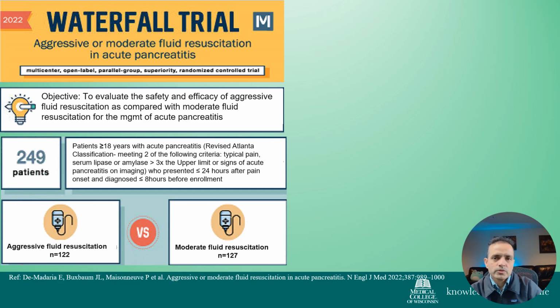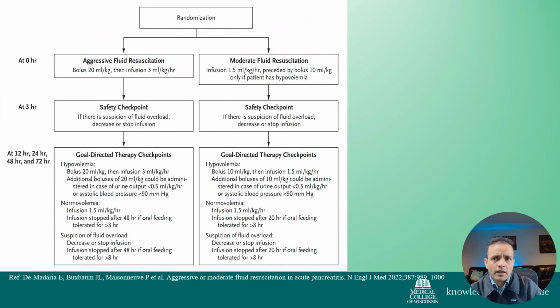They diagnosed pancreatitis based upon the modified Atlanta criteria. 249 patients were included, almost half in the aggressive limb and half in the moderate limb. After randomization, in the aggressive limb they gave 20 ml per kg, followed by 3 ml per kg per hour.